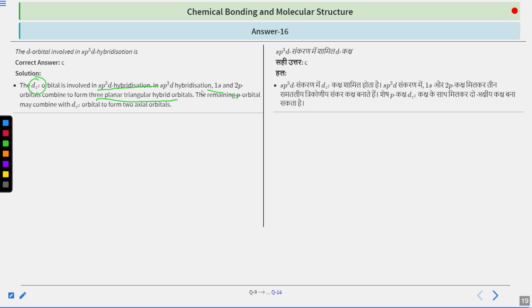As a result, it is very suitable for head-on overlap to form the axial bonds. So dz square has more electron density along the axis as compared to dxy and others, whose electron density is distributed along all the axes. As a result, it is more appropriate to form the trigonal bipyramidal shape. Clear? So remember this important question: out of the 5 d orbitals, dz square is involved in sp3d hybridization.